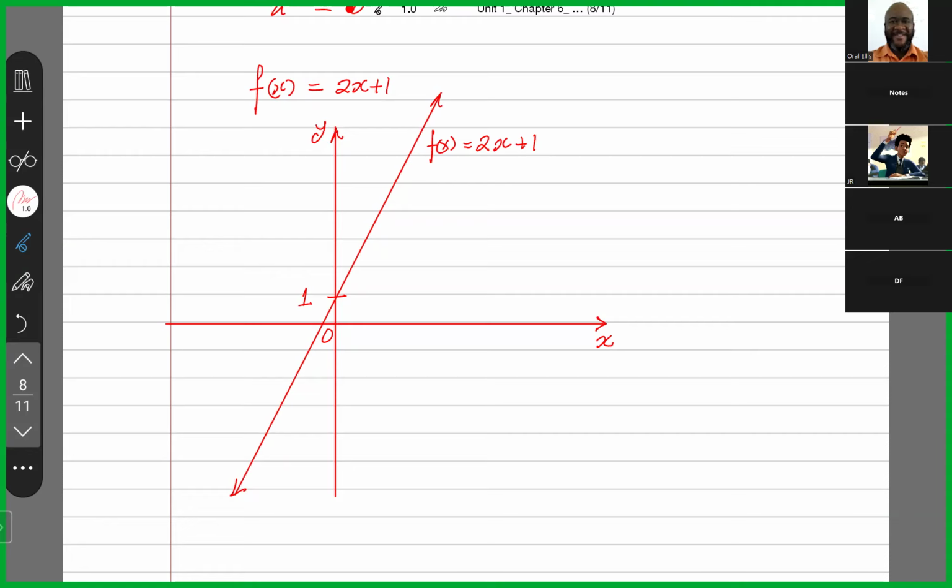If it cuts it at most once, the function is one-to-one. If it cuts it more than once, or if it doesn't cut it at all, the function is not one-to-one.